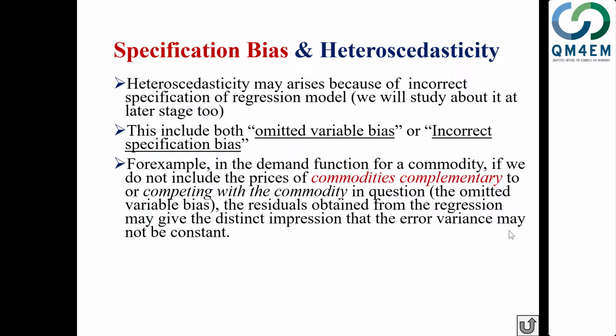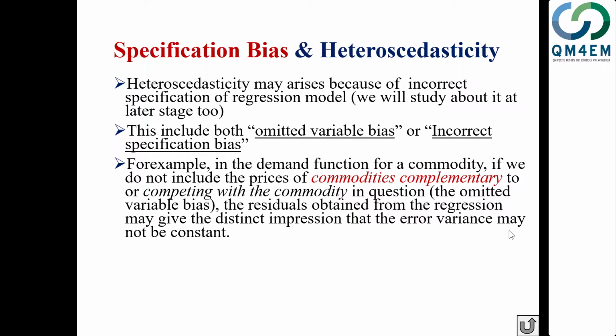Here I included two examples. The first example is, for instance, that I want to model the demand function for a particular commodity, but I do not include the commodities that are complementary or that are competing goods in my regression model. That would automatically introduce the problem of heteroscedasticity, or non-constant variance. Normally when we model a demand function, we think about the commodities that are competing, or substitutes, and also the commodities that are complementary or used along with that particular commodity.